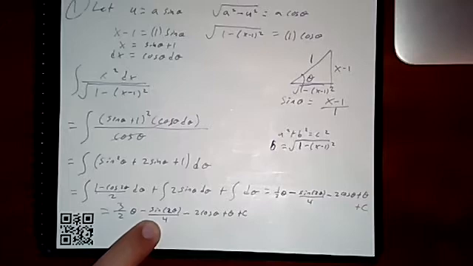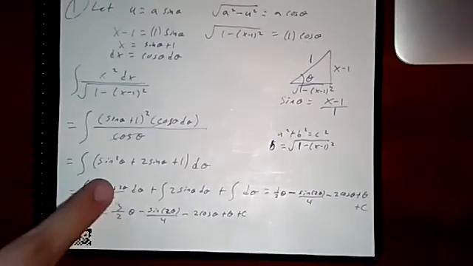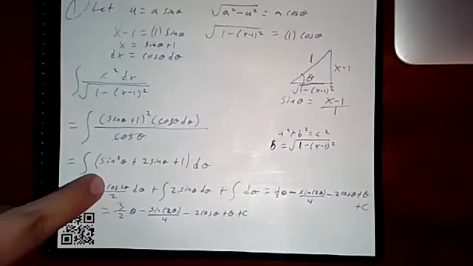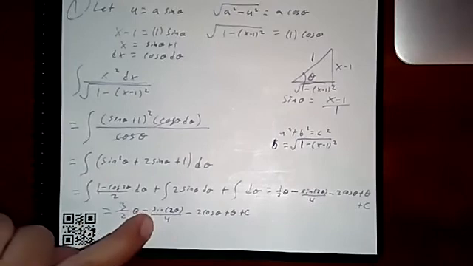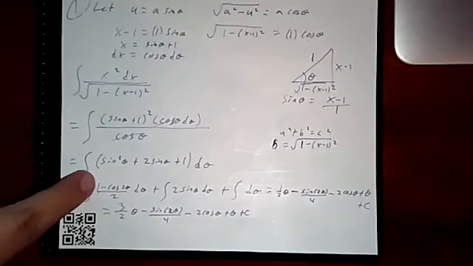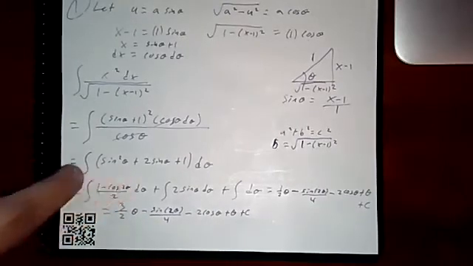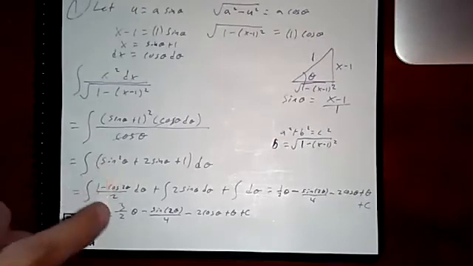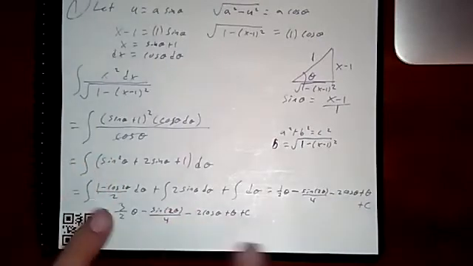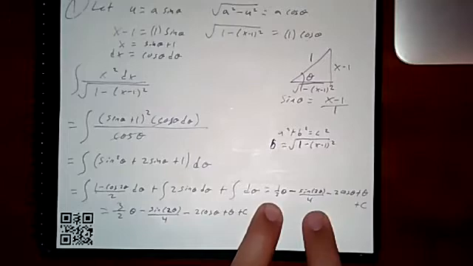I skipped the integral to save space. So you separate this fraction, right? 1/2 minus cosine 2 theta over 2, and you get these two answers. Okay, you see what I'm saying?